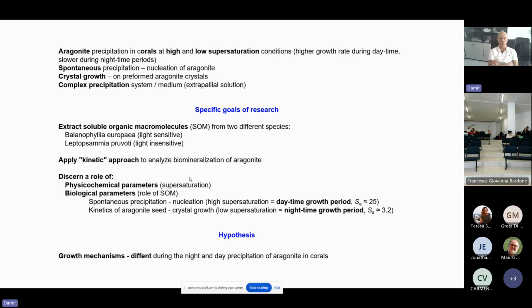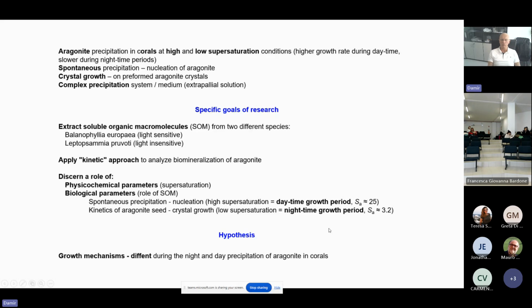And spontaneous precipitation experiments will be correlated with nucleation of aragonite at high supersaturation, which actually mimics the precipitation of aragonite which happens during the daytime, and it starts at relatively high supersaturation, while the kinetics of aragonite will be investigated in order to see how the crystal growth of aragonite proceeds in conditions of low initial supersaturation.